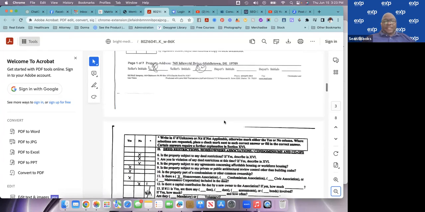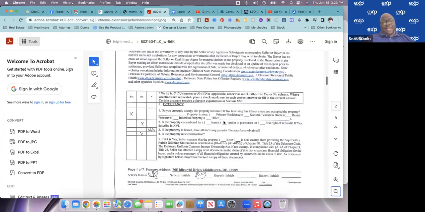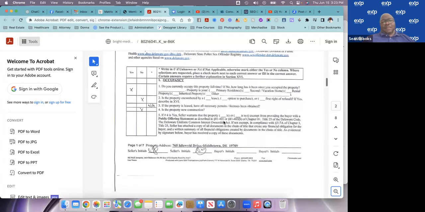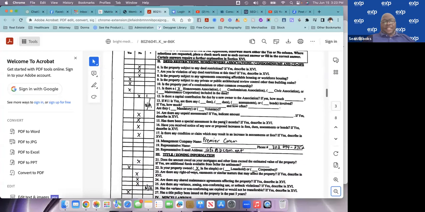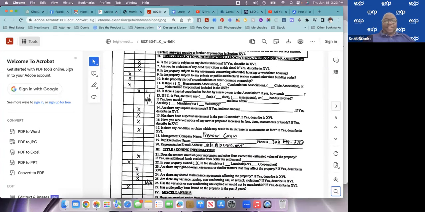All right, so let's just go through this form. It's mighty lengthy, but it gives you details. So in this particular case, when you get to this section here, management company. So it's an HOA, most likely, with this property, or some kind of management company that's managing it.